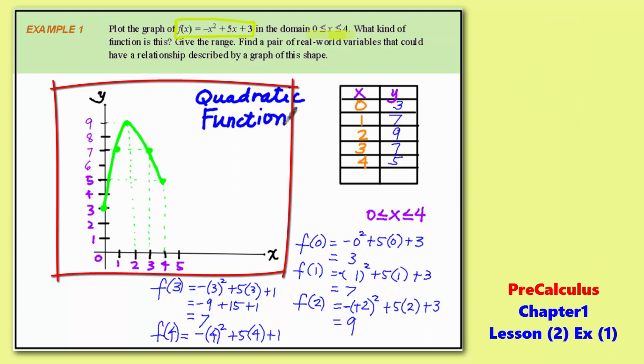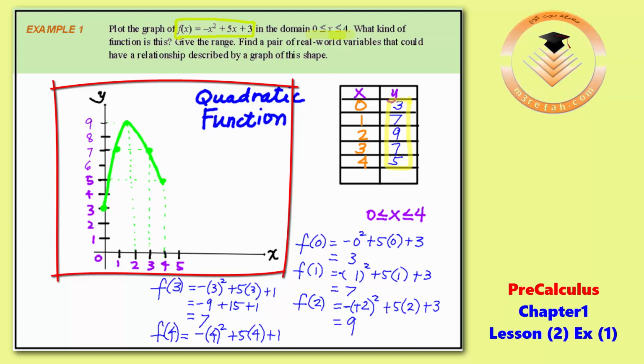What is the range? Our range is the set of y values. So actually we have already gotten the range, and our range is these values here. So from 3 to 9. Let us write that in notation form, sandwich form.